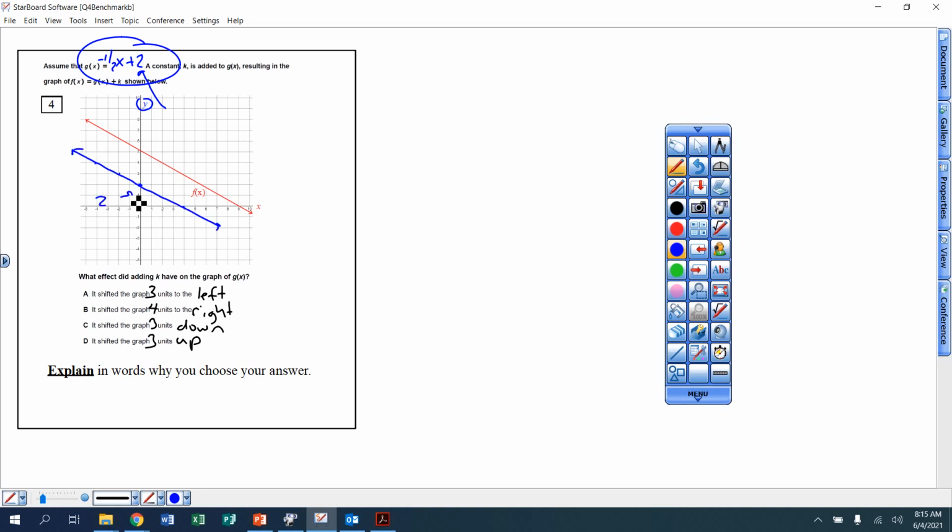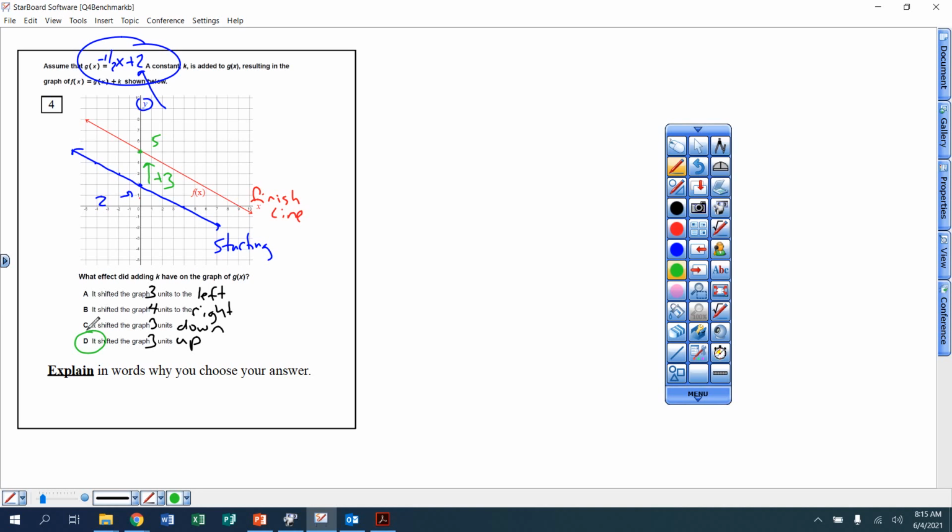Know that for this, the red line is the finish line. What I just wrote on there in blue is the starting line. So I know if it's starting at 2 on the y-axis and the new one has this 5 on the y-axis, that's going up by 3.